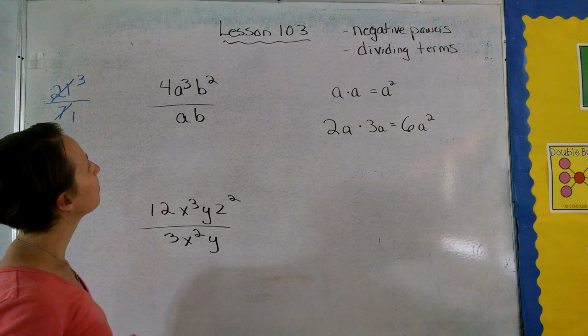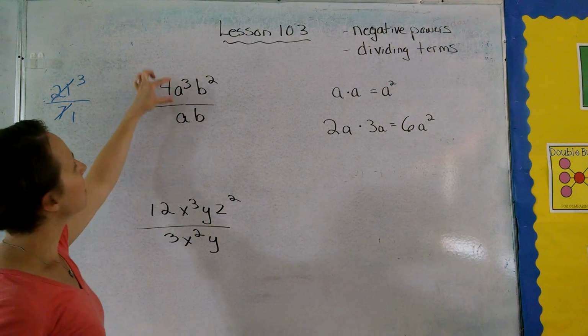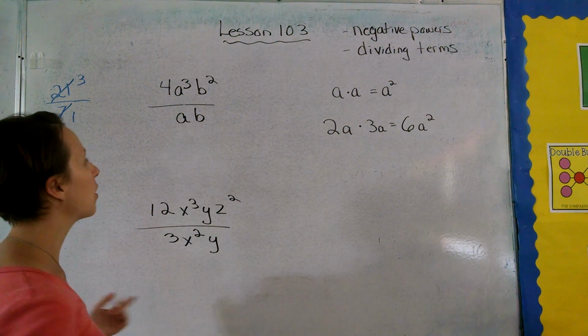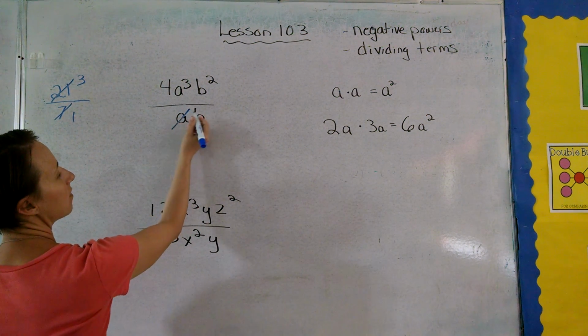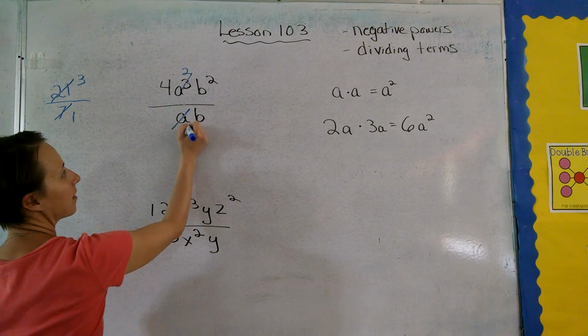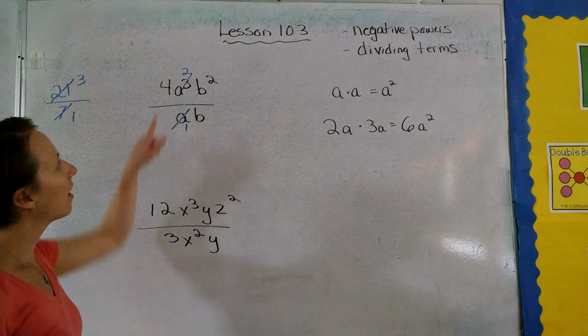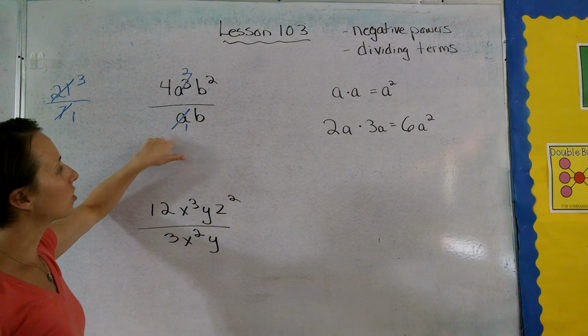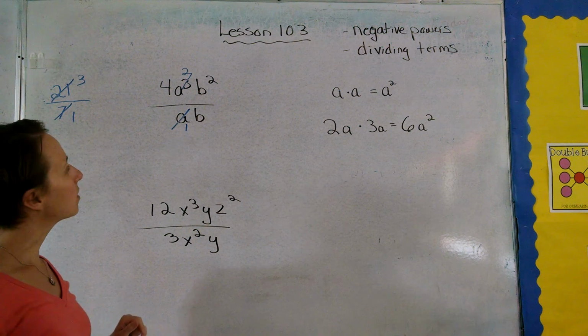Look what I can do. This is A, and this is A to the third. I can divide an A out of both of those. Divided by A, divided by A. A squared would be what's left on top, and just 1 on the bottom, if I divided the A out of both sides.